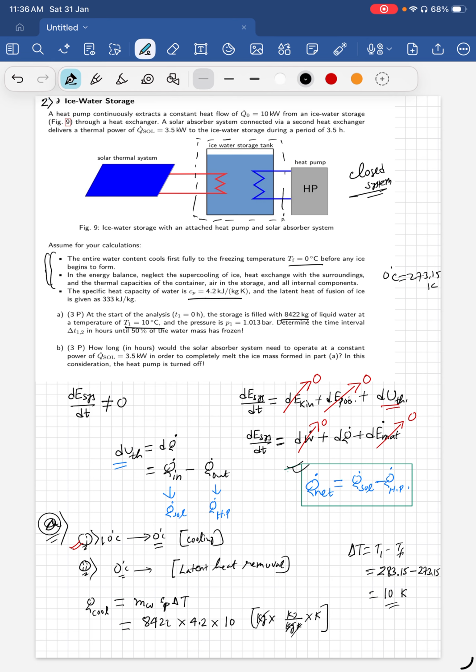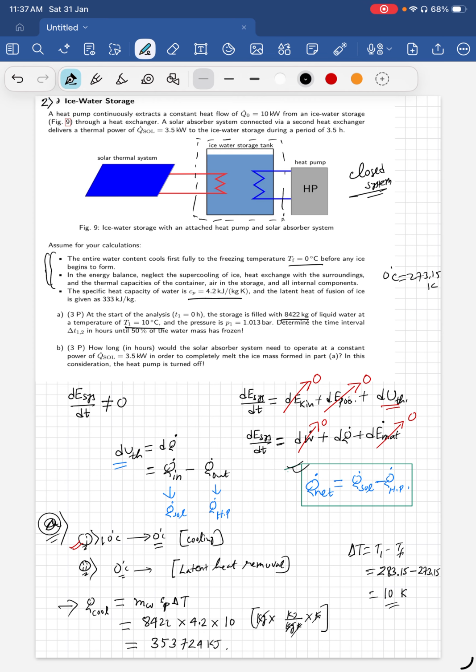Kg we can remove, Kelvin we can remove. Then if you calculate it, the cooling heat energy will be 353,724 kilojoule. So we have derived the cooling energy for the water.